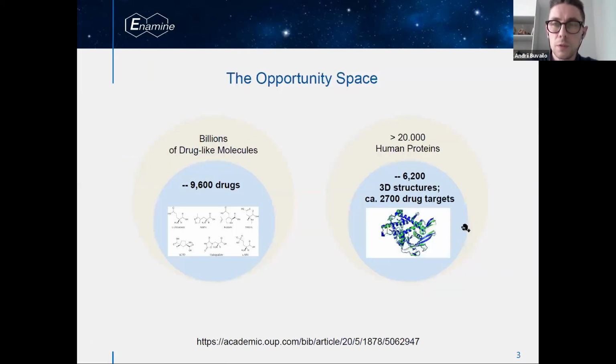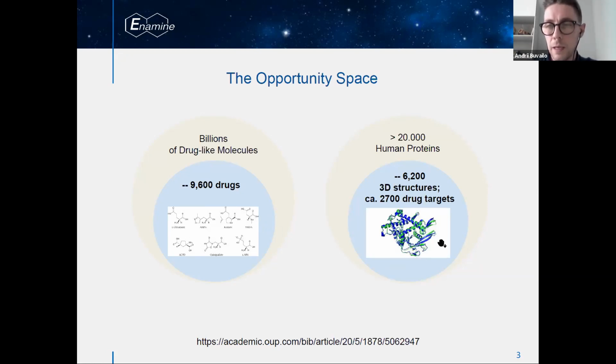So the opportunity space for finding ideas and hit discovery is huge. It's billions of drug-like molecules, but we also have quite nice data from already approved drugs or drugs in clinical trials, so we can have those as references.